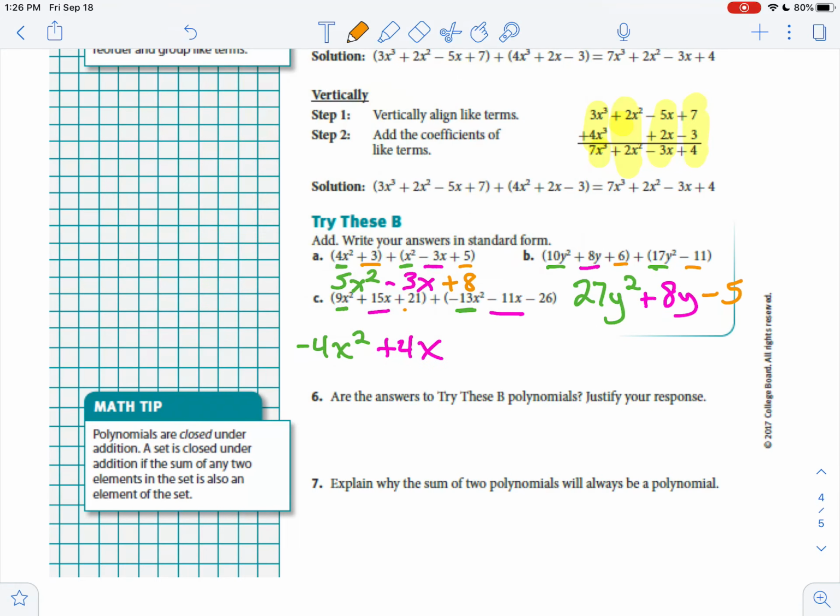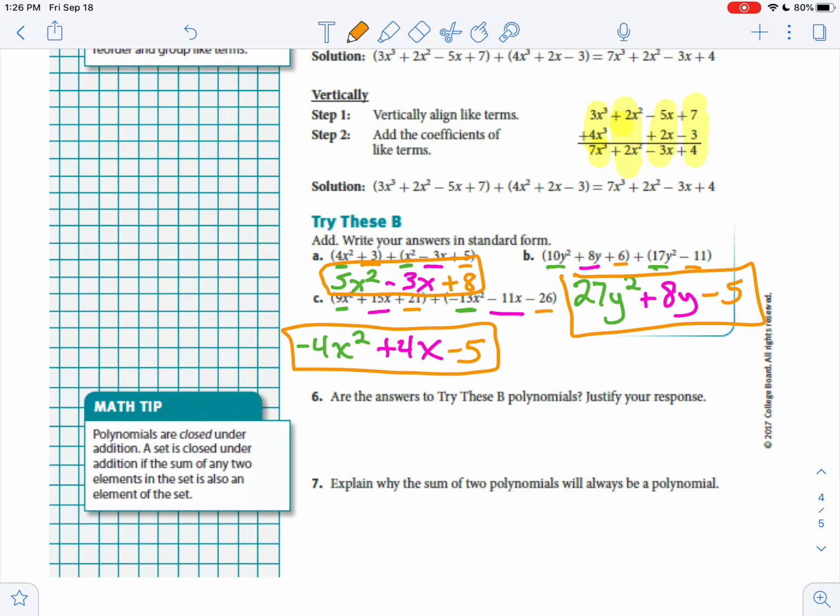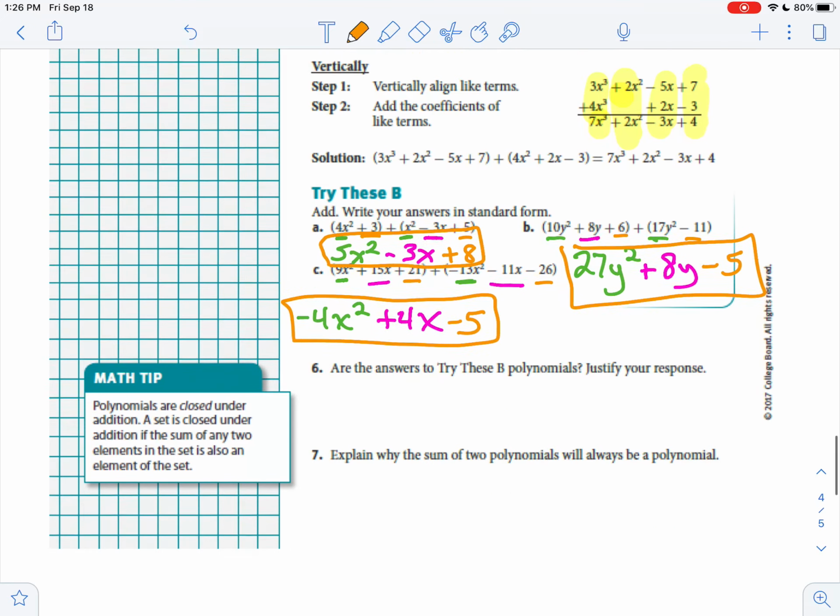And finally, we have constants, 21 and a minus 26, and that will make a negative 5. And then we're all done with that one. Okay, so you can just look by combining like terms. Colors are helpful to keep your work organized.